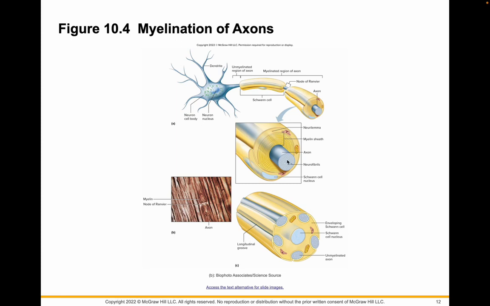And so you can see the axon here, and these layers of myelin sheath. And then they call this fatty extra outside part the neurolemma, where a lot of the organelles have been squished to. Remember, this is one cell that's shaped like a tortilla that's been wrapped a lot around this wire to insulate it.